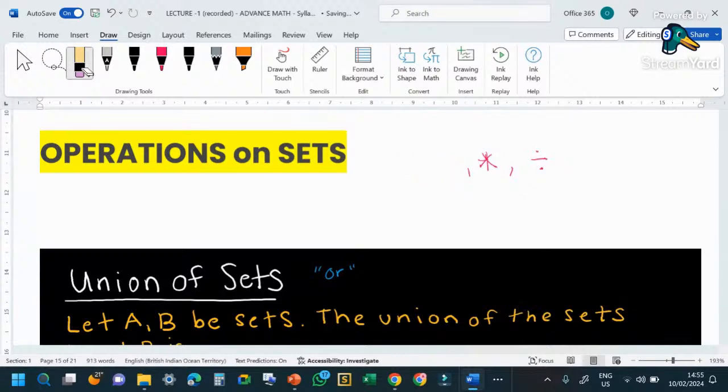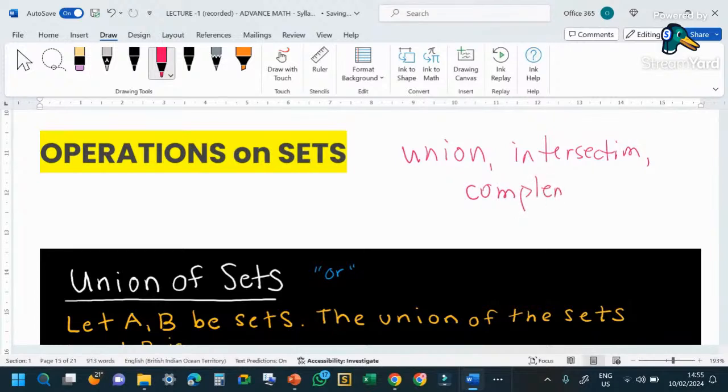And these are union, intersection, complement, and difference. Right? So these are the basic operations that I want to introduce in the subject.